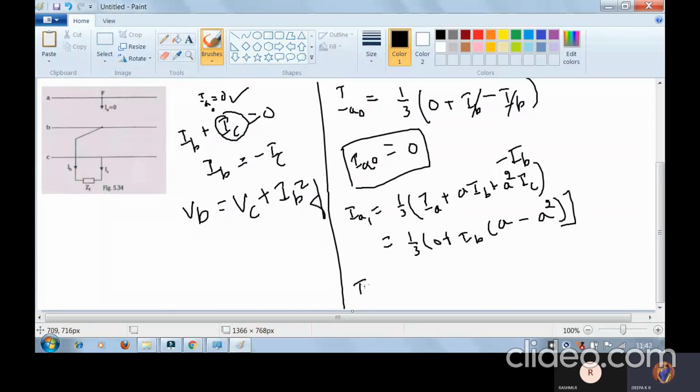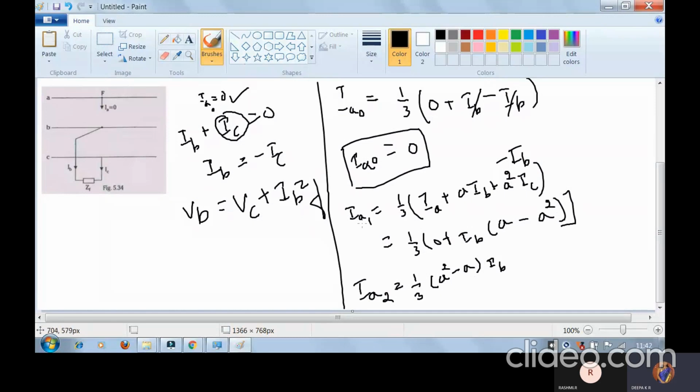Similarly for IA2, you get the same equation with changed terms. In place of A minus A square, you get 1/3 into A square minus A into IB, because you change this to A square IB and this becomes A IC. So the zero sequence current is 0 itself, but you get different answers for positive and negative sequence.